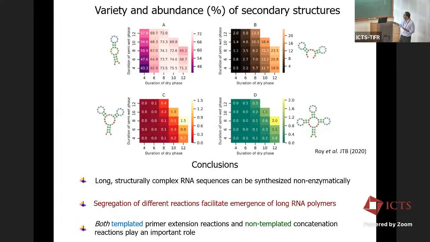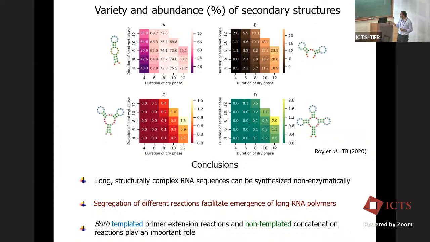Okay, so we generated a lot of these sequences through these processes of template-directed primer extension and concatenation, along with the competing process of hydrolysis, and looked at the kind of secondary structures that were obtained when you fold these sequences.